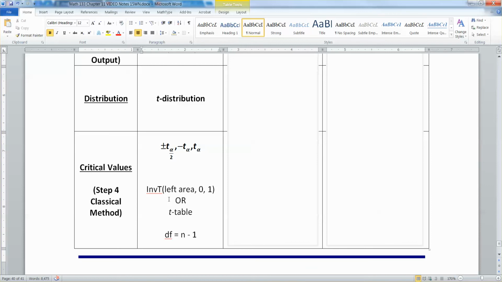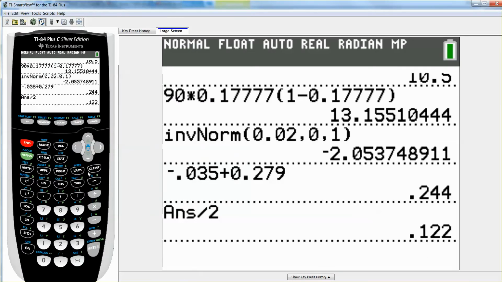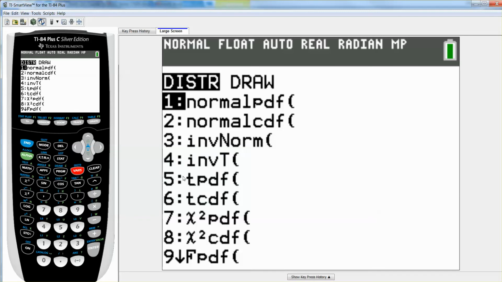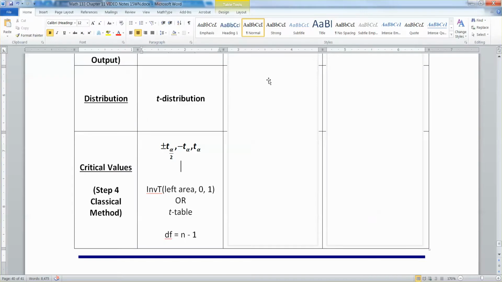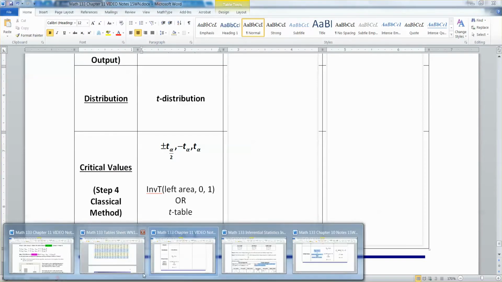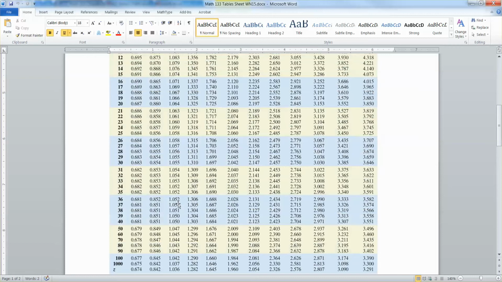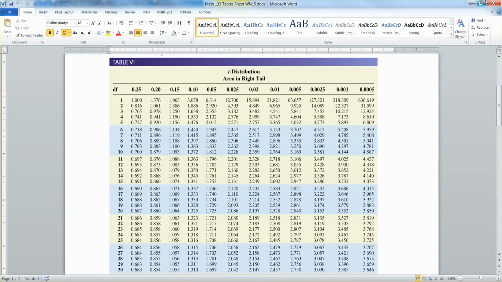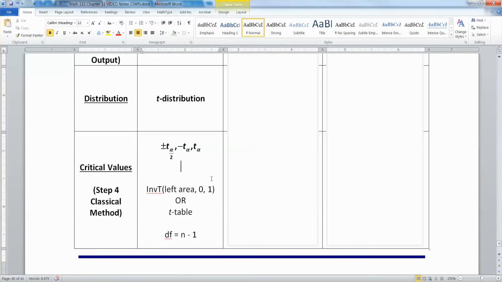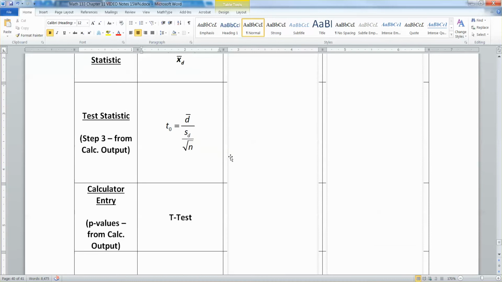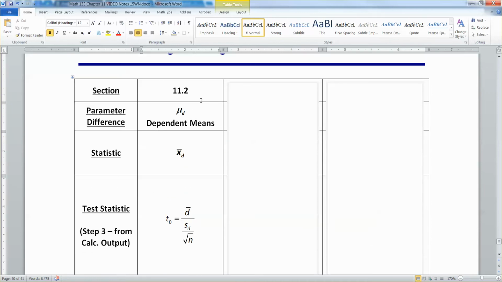And then you'd find those values with either inverse t on the calculator, which is above your variables button in the distribution menu, number 4, inverse t, or you could use the t-table for some of the values. Not all the values are in the t-table, but some of them are in here. Now 11.2 is really a lot like a chapter 10 problem. It's very, very similar. 11.3 and 11.1 though are quite different. So let's look at them.